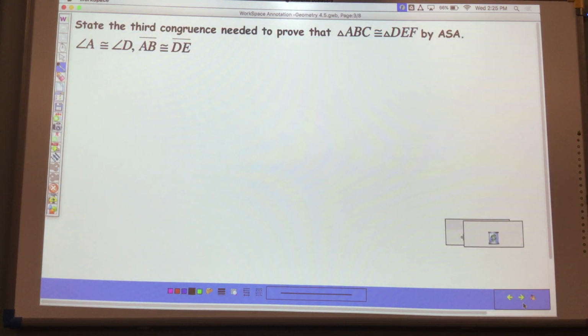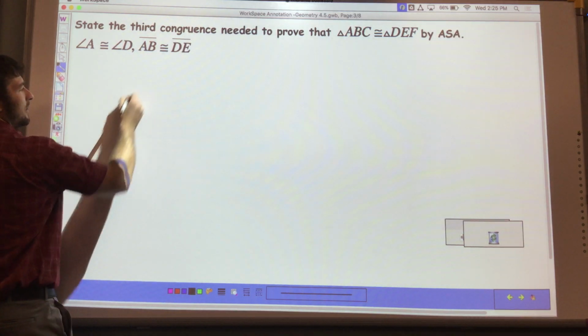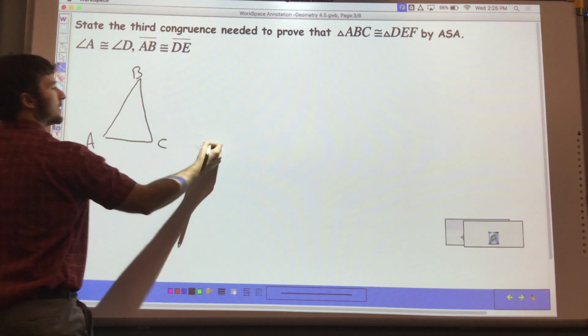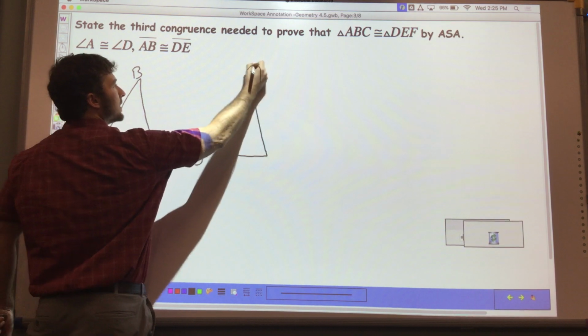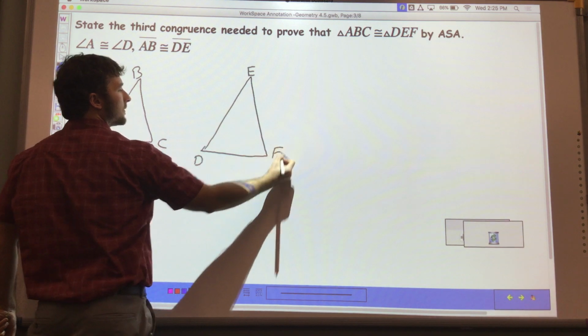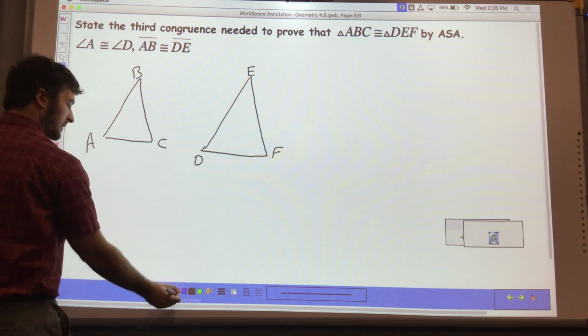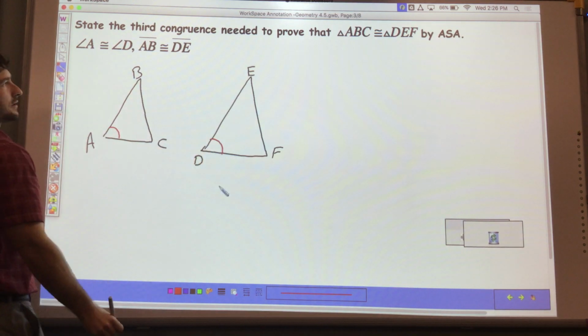So state the third congruence needed to prove that triangle ABC is congruent to triangle DEF. So here's a triangle ABC, and here's a triangle DEF. Here's our given information. Angle A is congruent to angle D. Segment AB is congruent to segment DE.